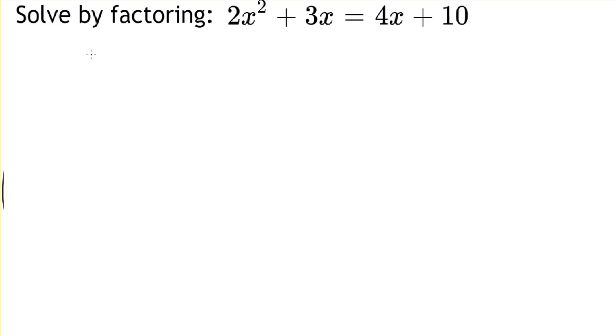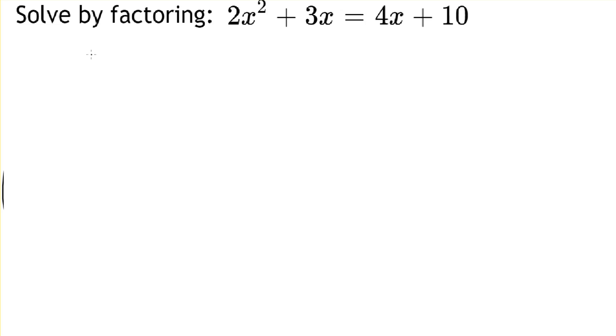For those homework problems, I absolutely give you my permission to solve using the quadratic formula if that works for you on that problem. But I did want to make a video really quick to show you how to factor.